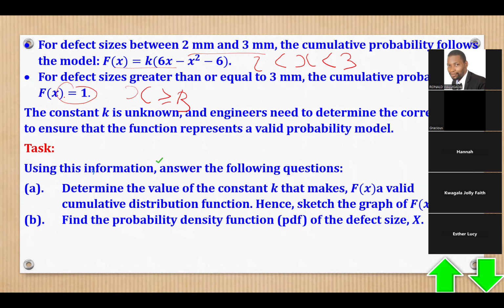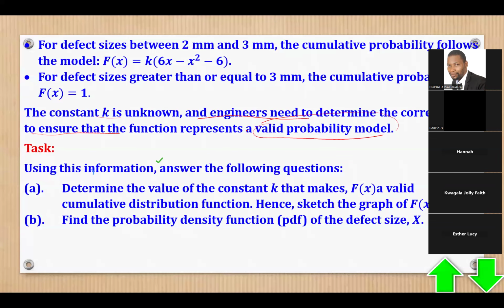What we need is to just get the value of the unknown, the constant k. The constant k is unknown, and the engineers need to determine its correct value to ensure that the function represents a valid probability model.